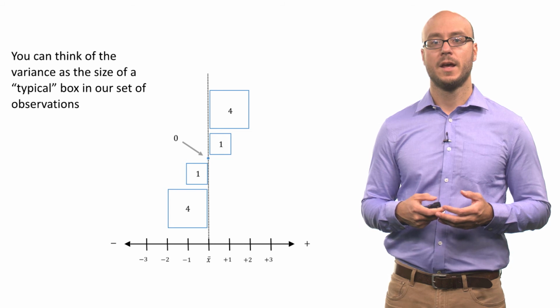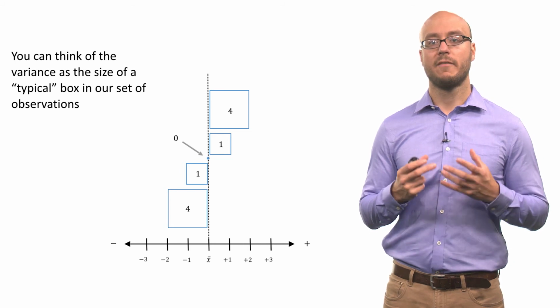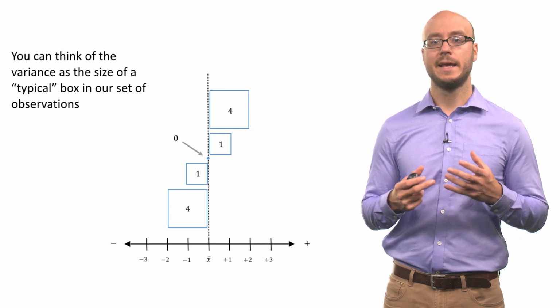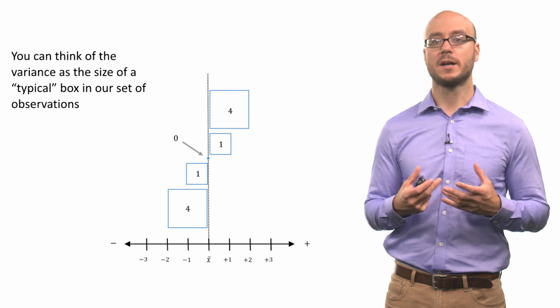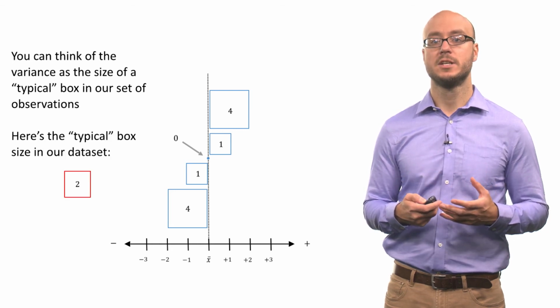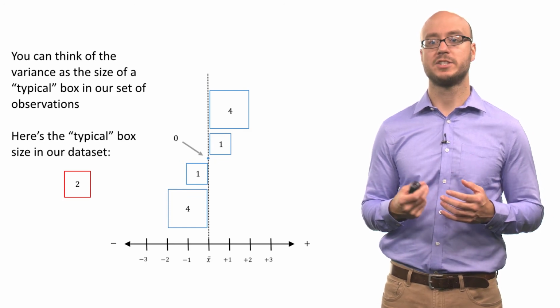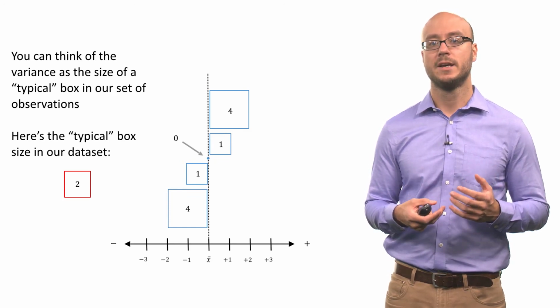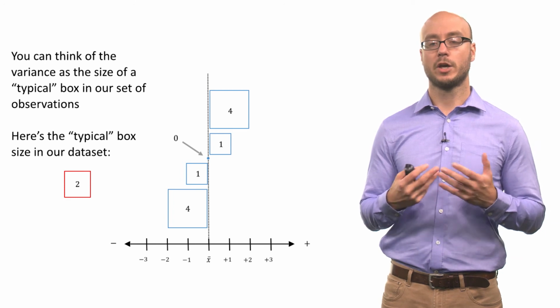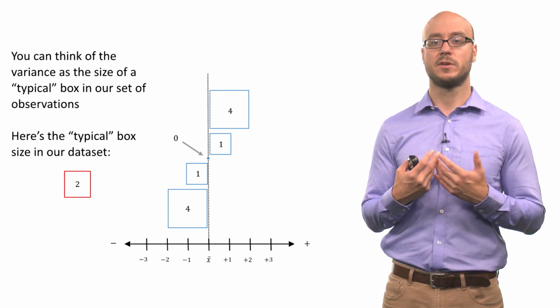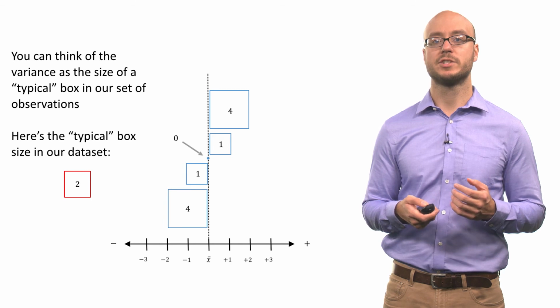Now, one way to think about the variance is that it's really a typical box in our set of boxes. Each observation we've translated into a box because we're just taking the distance and squaring it. But the variance is like, okay, what's the typical box? What's the typical squared deviation from the mean?